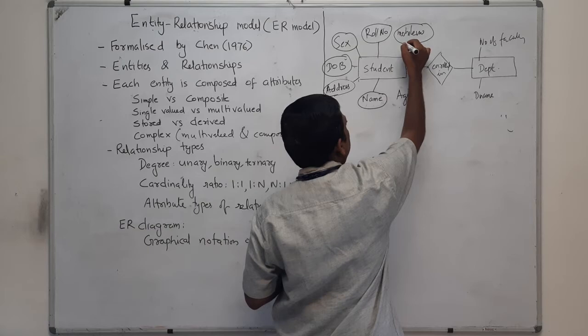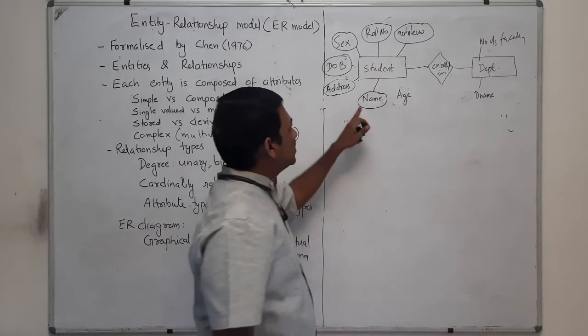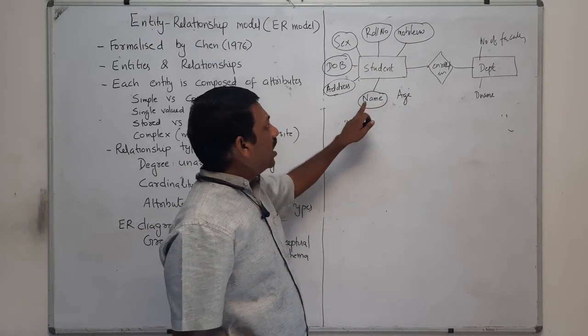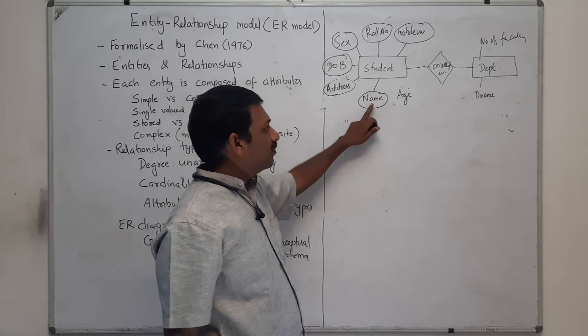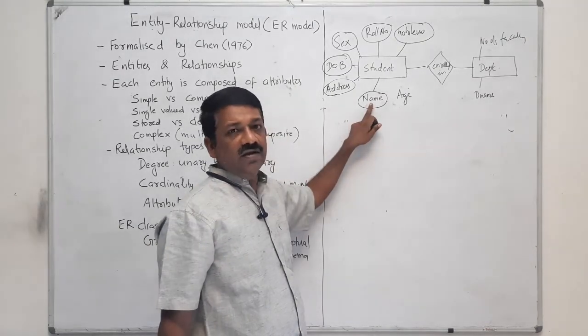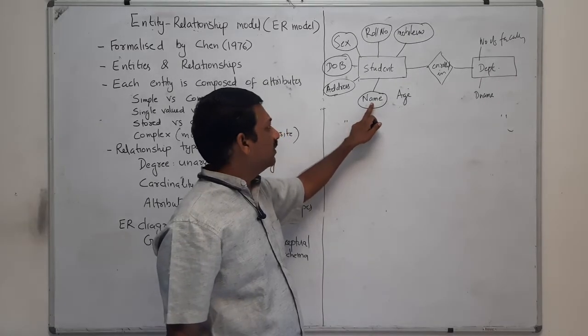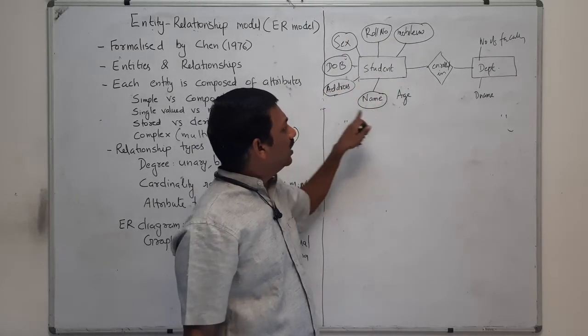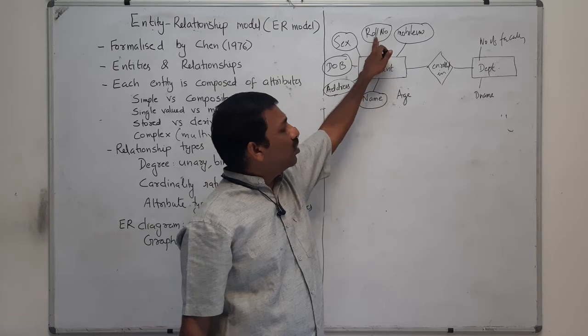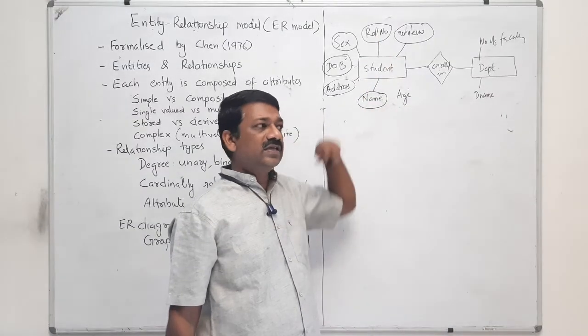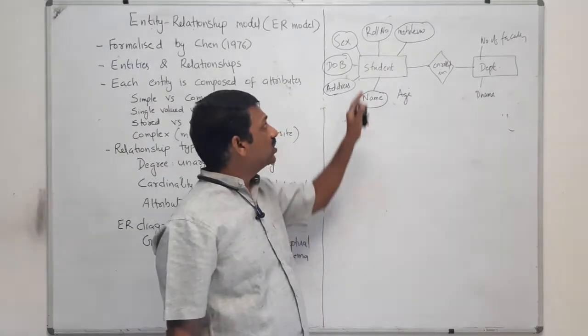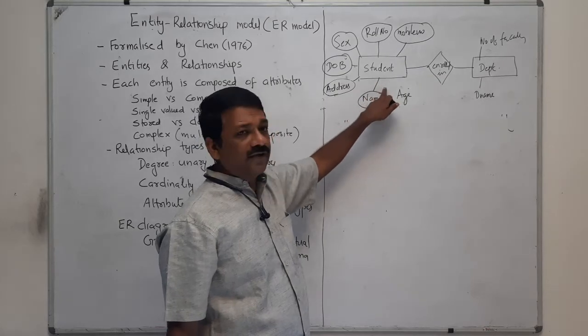The oval-shaped boxes represent attributes. Here, name cannot be a unique one, because more than one student can have the same name. But the unique one is the roll number. The roll number of each and every student will be different, and using the roll number we can identify a particular student.